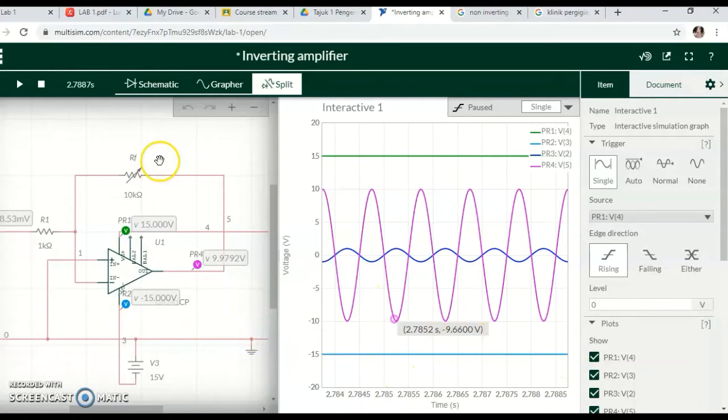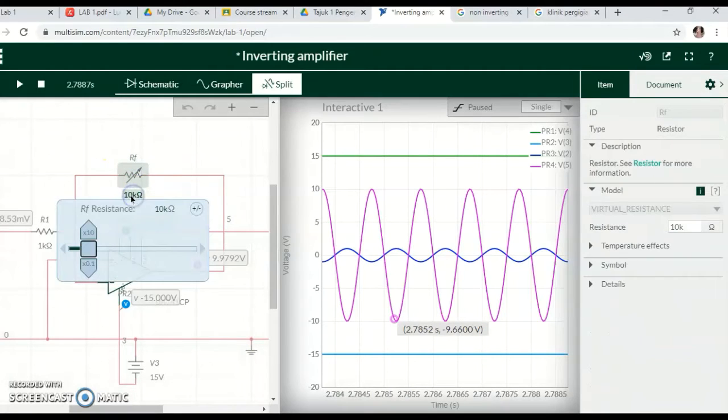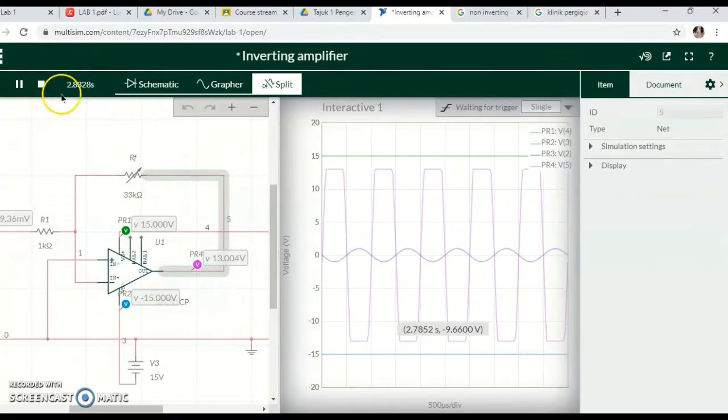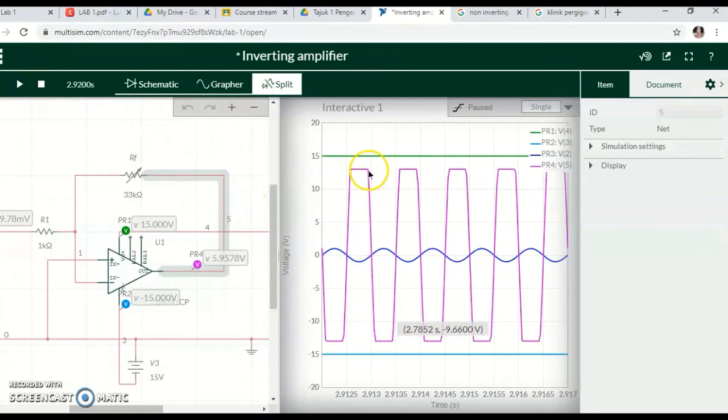Then change the RF to 30 kilo ohm. Then click play. Note that the waveform is clipping because it is exceeding the voltage limitation.